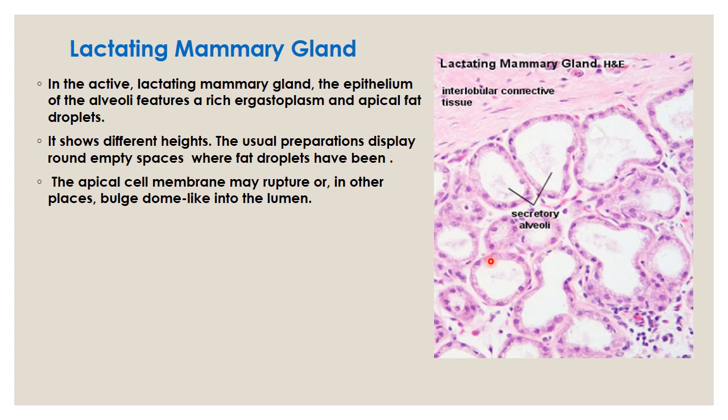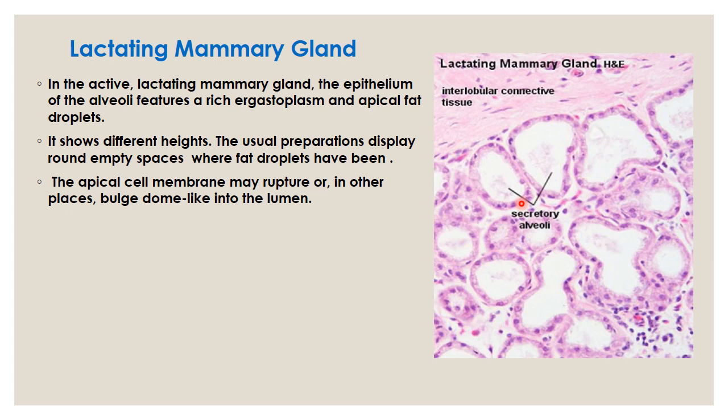Now, in the lining epithelium of these alveoli, you can see clearly visible empty spaces, which are the droplets of fat, and also the secretions which look like empty spaces. The cell membranes may rupture and pour their secretions out by the merocrine mode of secretion. And you know what the merocrine mode of secretion is.